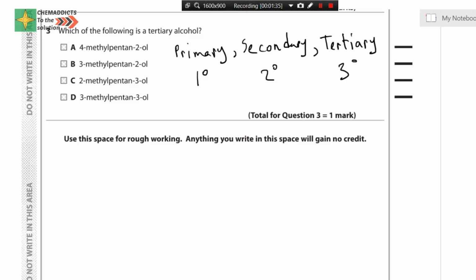So here let's first draw the skeletal formula of each molecule, given over here. Let's try to write the first molecule.